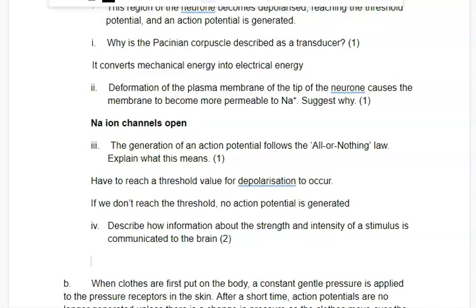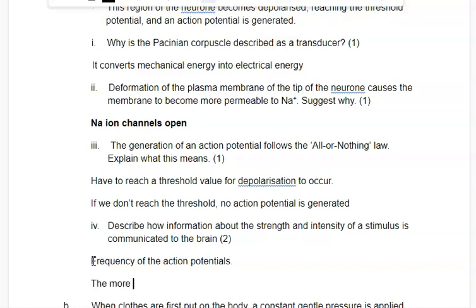So the only idea really is how often the brain receives the action potential. So it's going to be the frequency of the action potentials. And we know that the more frequent would mean a stronger or more intense stimulus.